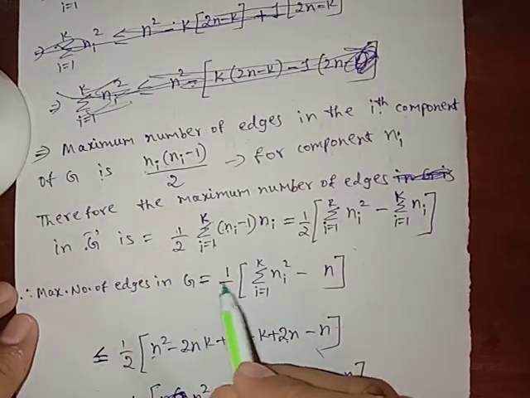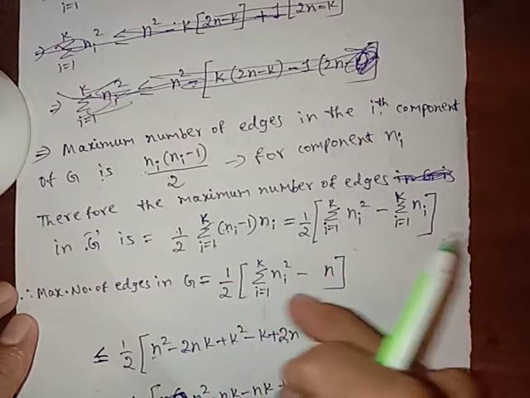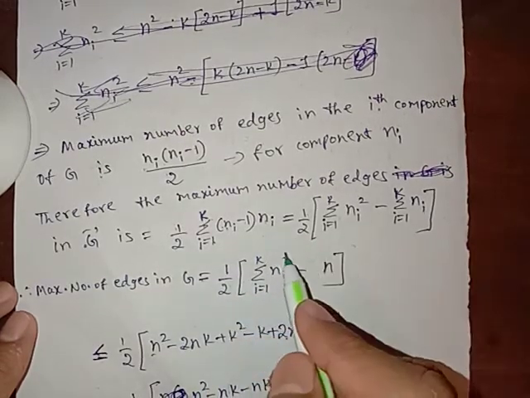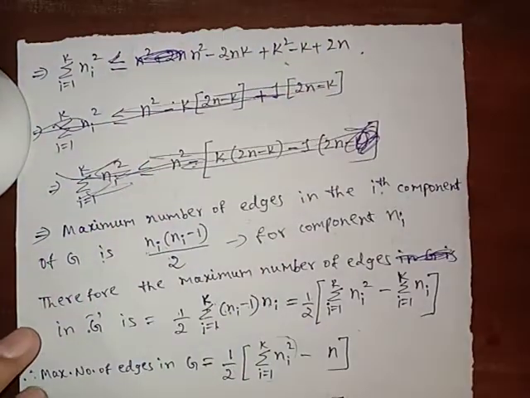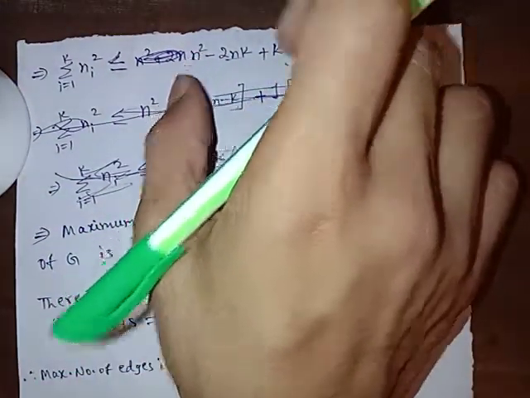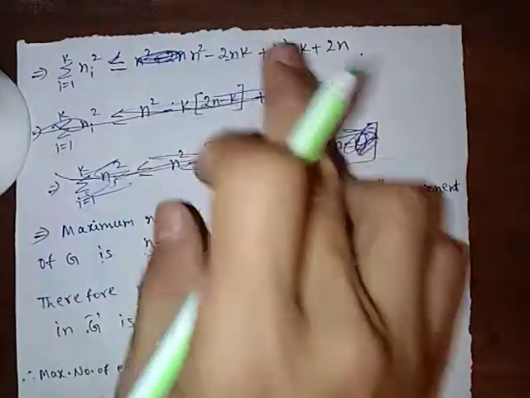It is equal to 1 by 2 of this one. Now in place of this, if we put this, what does it become? The value of this one is greater than or equal to this one.